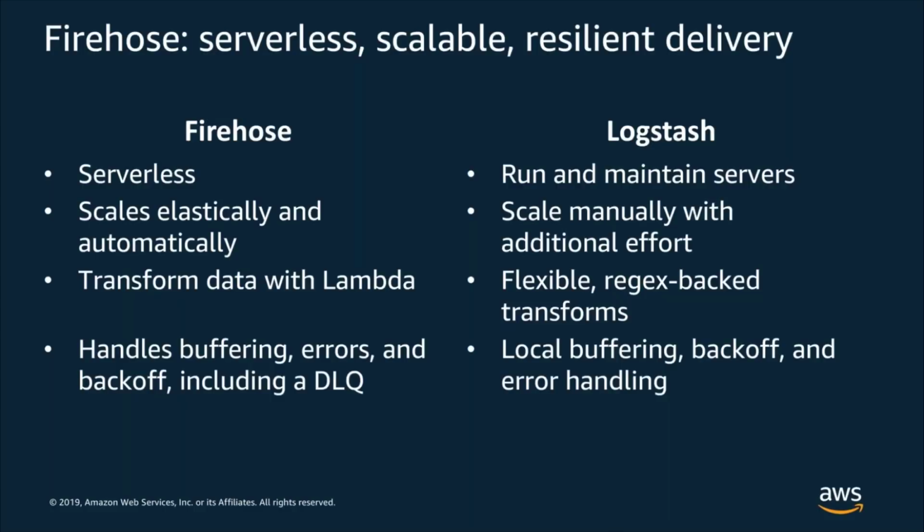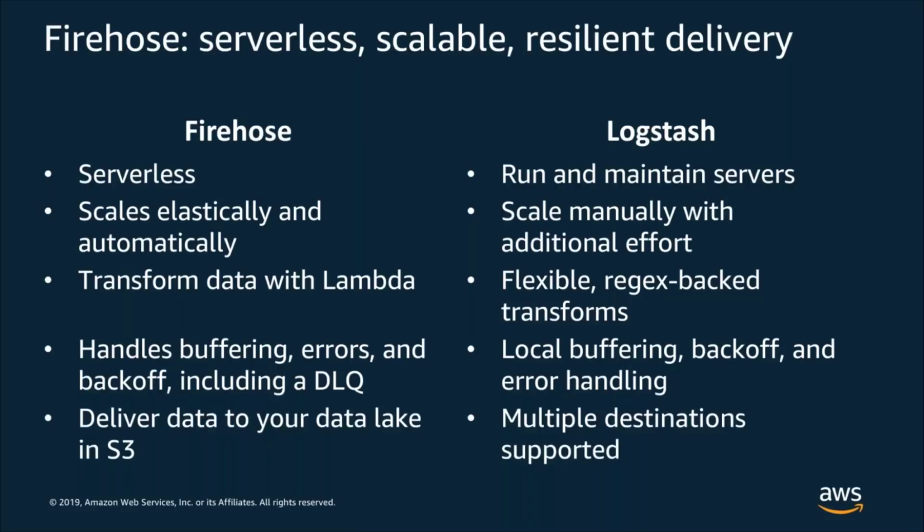Firehose itself will handle buffering the data. It handles errors in delivery. It handles errors in transformations with a built-in dead letter queue that goes to S3, so that when records fail to go through the pipeline, you have a record of that, and you can retry on those records. Logstash has a local buffering mechanism, and it does have some backoff and retry as well.